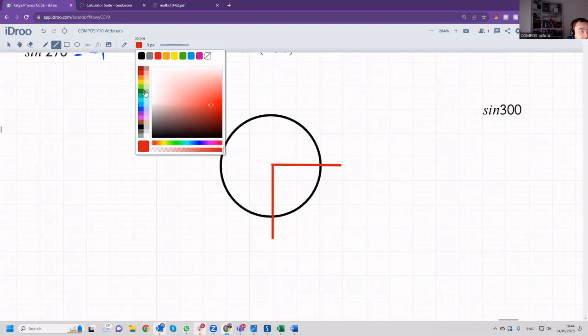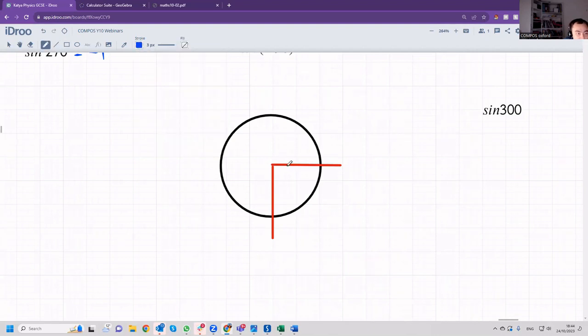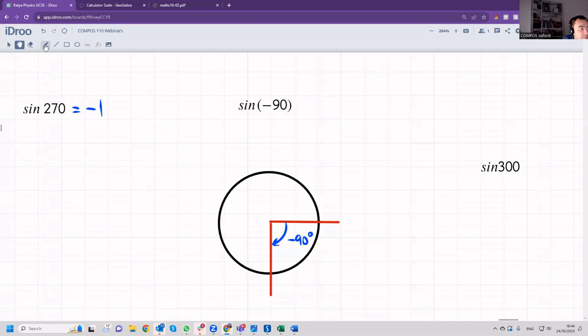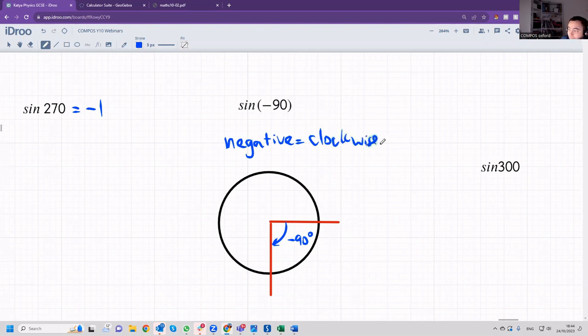So we go clockwise minus 90 degrees. Therefore, it's the same point, 0, minus 1. So what is sine minus 90? Minus 1. Well done.